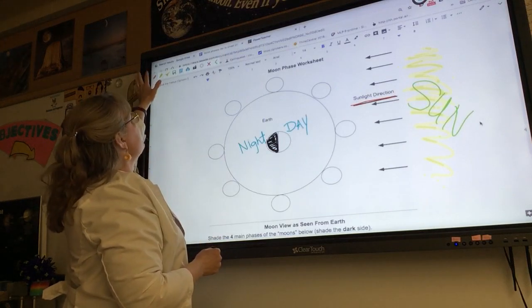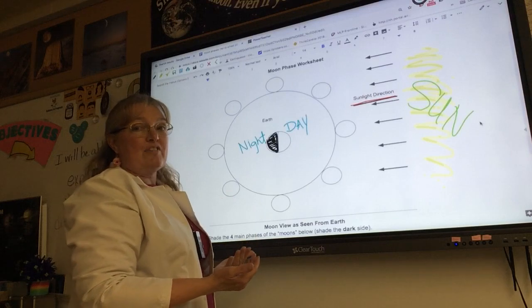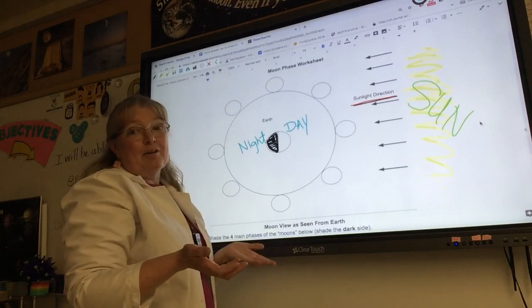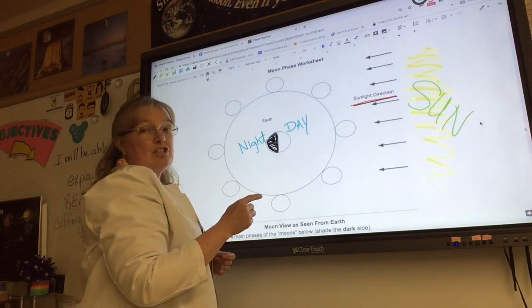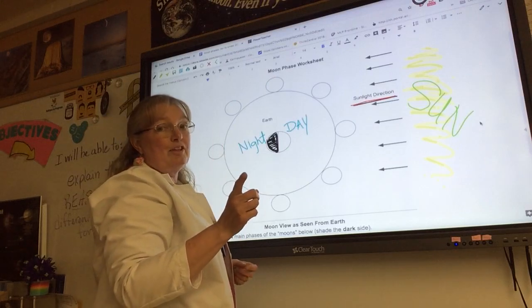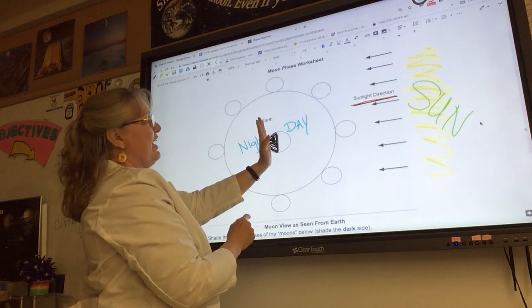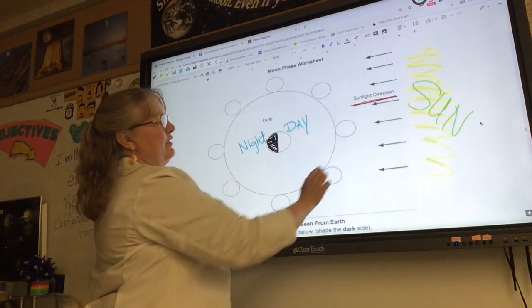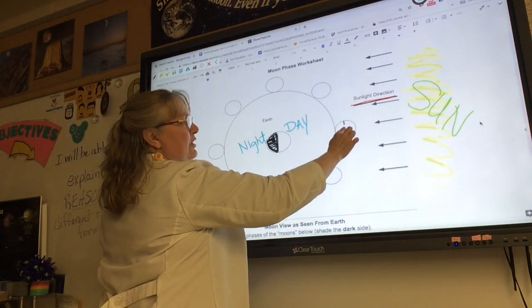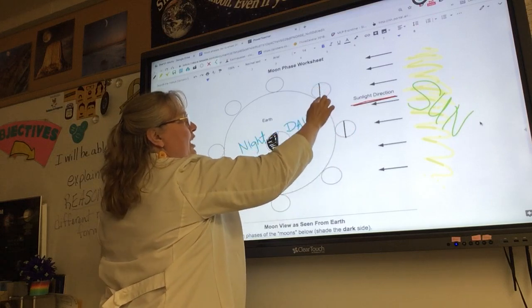Now the same thing happens with the moon, because it's also a sphere. It's just we're not there to notice it. So I want you to go to every moon. Now watch carefully before you do this, because it gets a little tricky. Notice this line is divided, day side, night side. I'm going to go to each moon and divide it straight up and down.